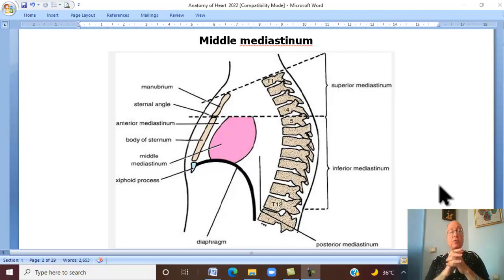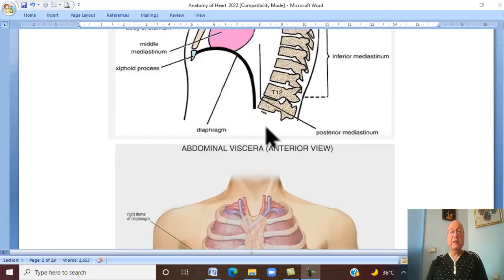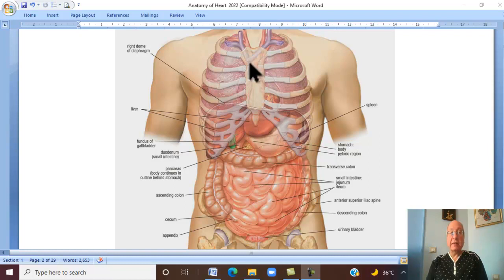First of all, we should know what is the mediastinum and what is the middle mediastinum. Mediastinum is the mass of tissues between the two pleural sacs, between the right pleura and left pleura which cover the right and left lung.